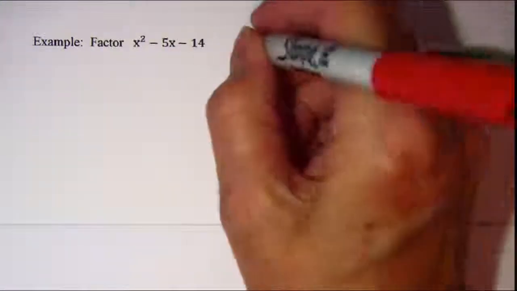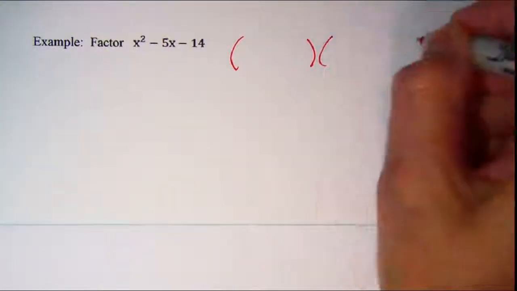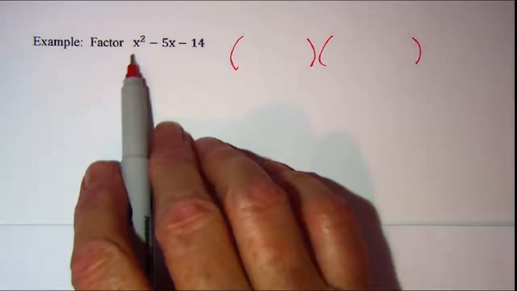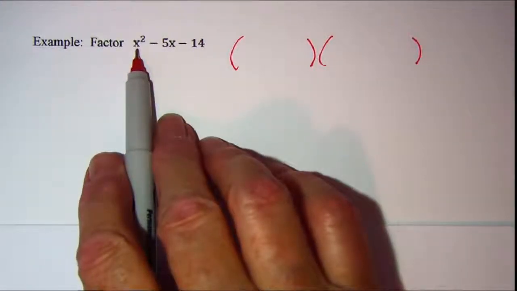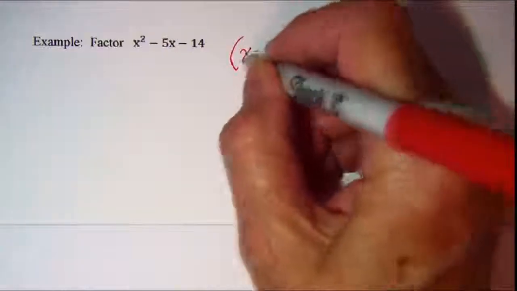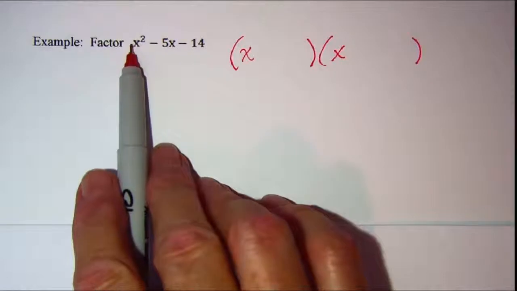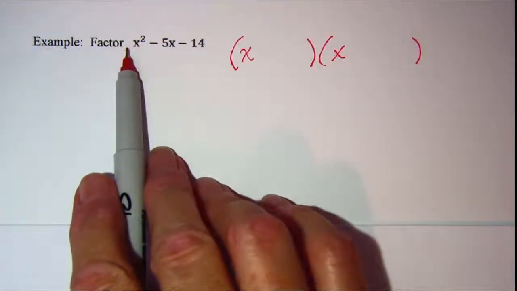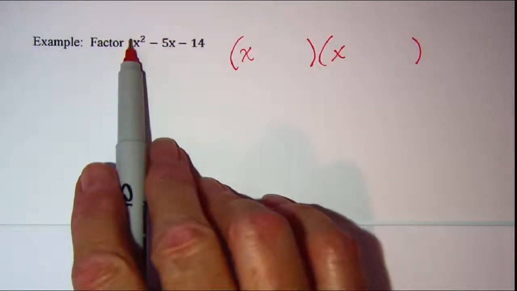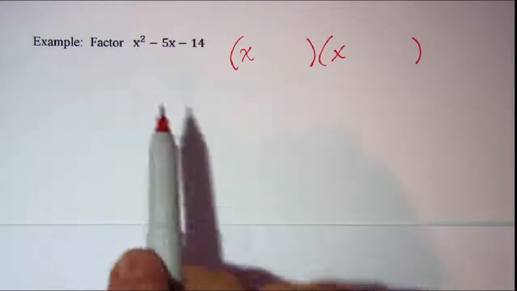Let's try another example. We need two numbers in the first spot that give me x squared when I multiply them, so I'll need x in each space. You probably noticed by now that it's easier to factor when you have a 1 as your lead coefficient.